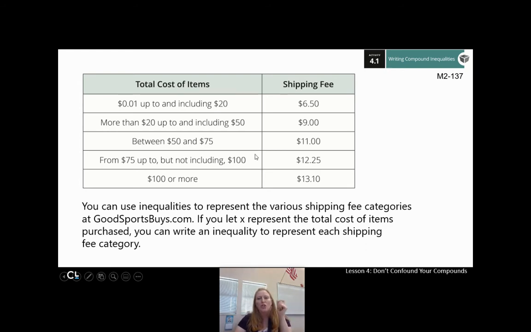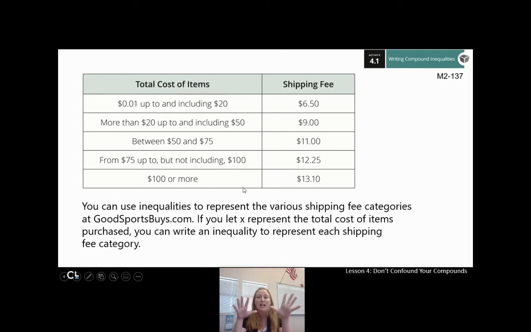And a bit much. So here's the deal. We can use inequalities to represent the various shipping fee categories at GoodSportsBuy.com. So we can actually write inequalities to help us out with that. If you let X represent the total cost of items purchased, you can write an inequality to represent each shipping fee category. So on question number 1, for parts A, B, C, D, and E, there are 5 of them because we have 5 rows here, you're going to write inequalities for each of these.